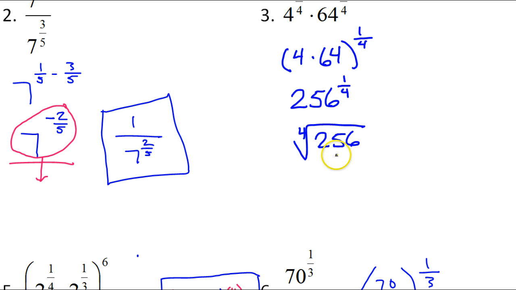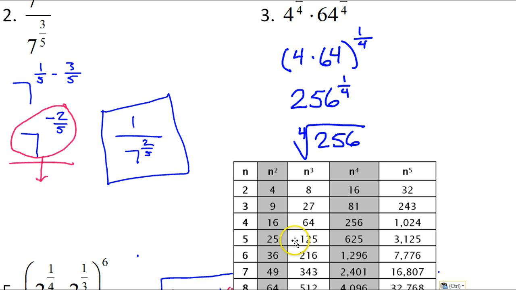So we will use our table to evaluate that. If I want to evaluate the 4th root of 256, because it's the 4th root, I start in the 4th power column, and I look for the 256, and the root will be this n on the far left. So the 4th root of 256 is 4. So the final answer for problem number 3 is, in fact, 4.